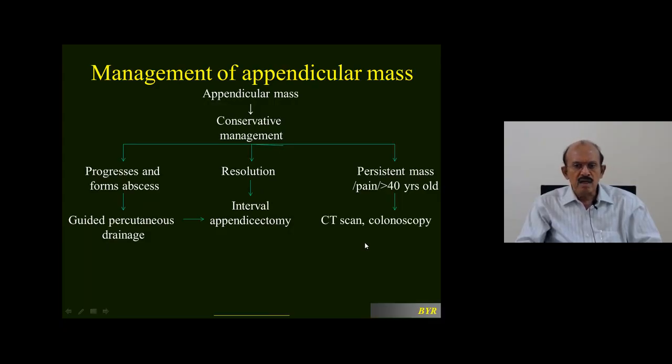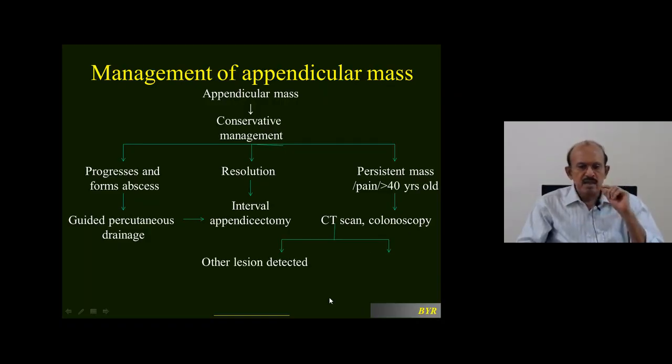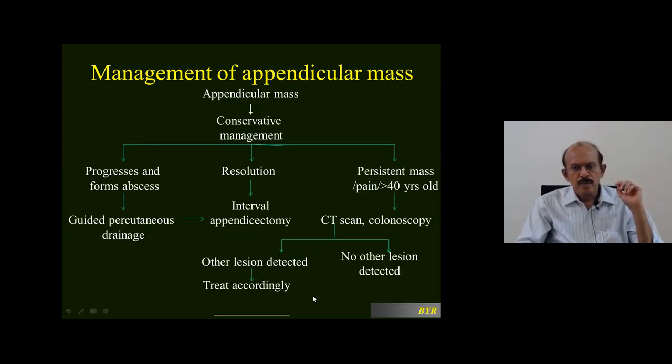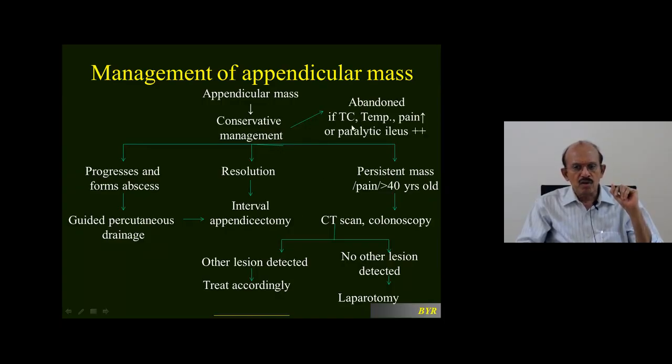That's why you go for CT scan and colonoscopy. If another lesion is detected, that means tuberculosis or carcinoma or carcinoid, do accordingly. If no other lesion is detected, you do laparotomy and appendectomy. Considered management is abandoned if total count, temperature, or pain increases, or if paralytic ileus is present.